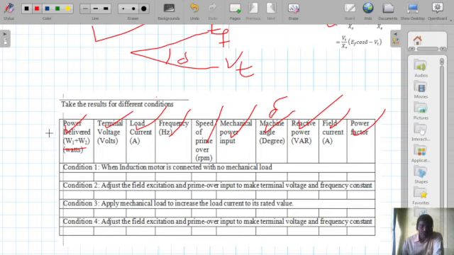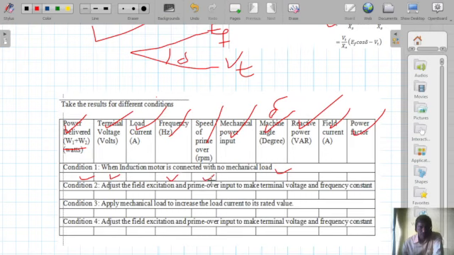Now we have to take all these parameters for different conditions. As I have said, the first condition was that the mechanical load was not there, only the induction motor is connected, so small active and reactive power will be taken. So those values should be put here. So the voltage, speed as well as the frequency, these three will not be at their rating.